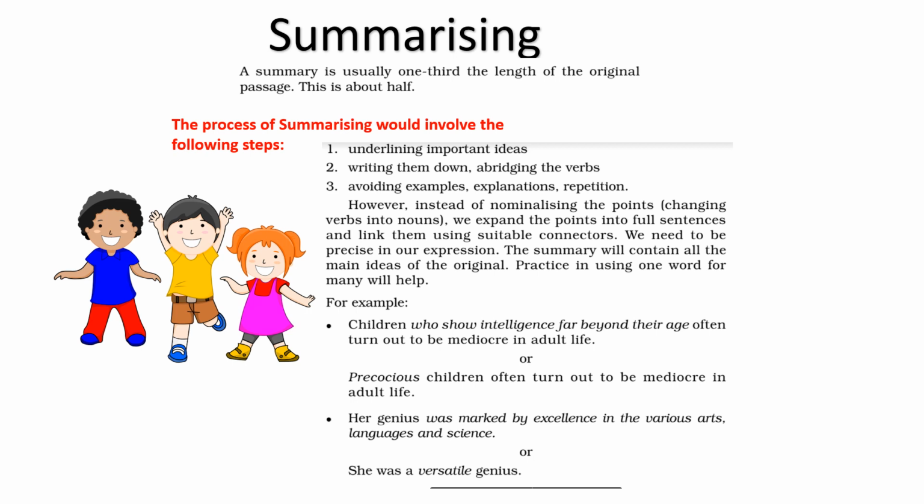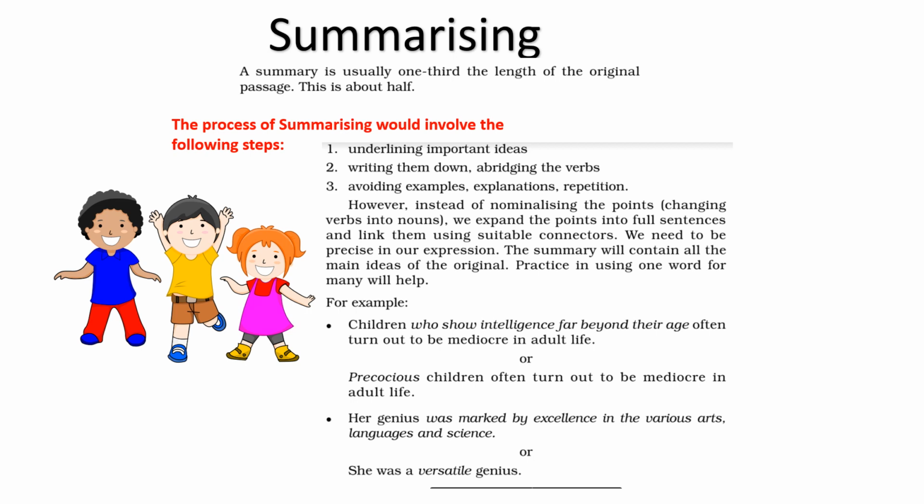You have, children, already invested a lot of time in preparing the notes, so the summary has to be extracted from those notes only. So do not go back and start preparing your summary again. You read the passage and then you prepare your summary. No, it is not to be done like that. On the contrary, you have to just revisit your notes, extract the summary from there and make it happen.